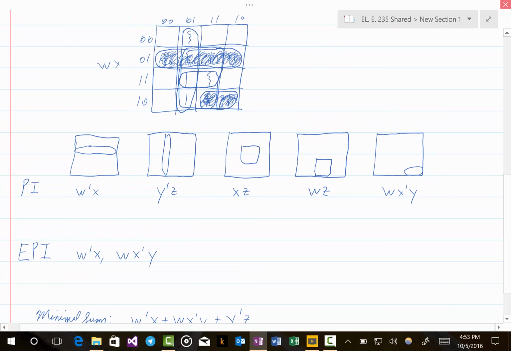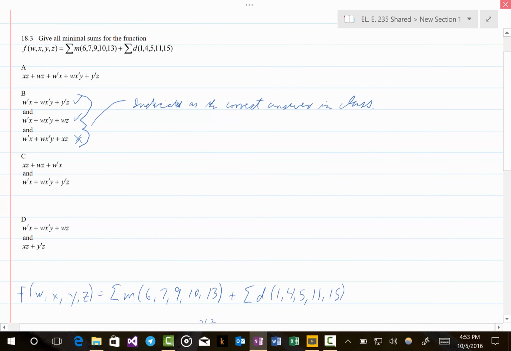But that's it. Now, in the problem choice B up above, you can see that the two checked answers here are the two that we've just found, but then there was one more, W prime X or WX prime Y or XZ. And why is that not correct?